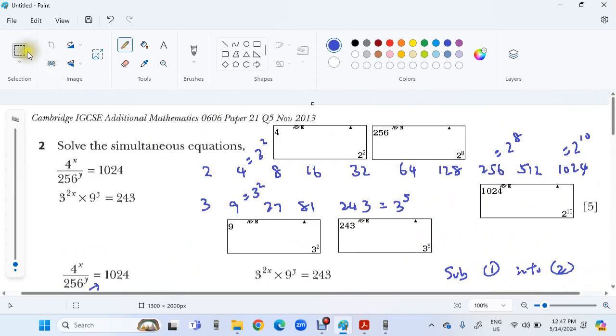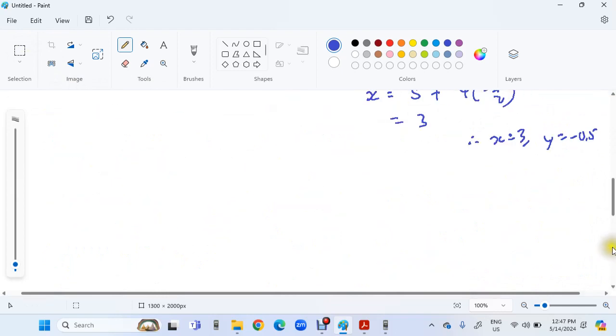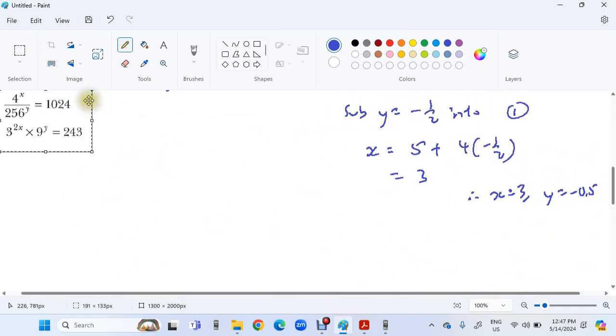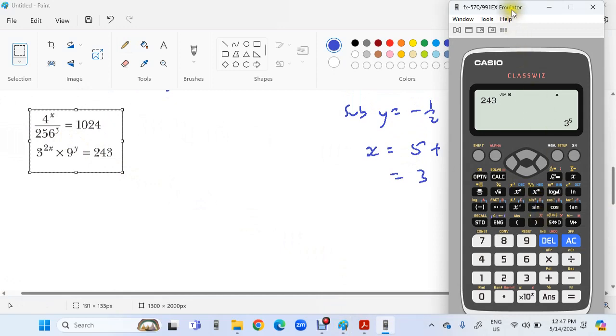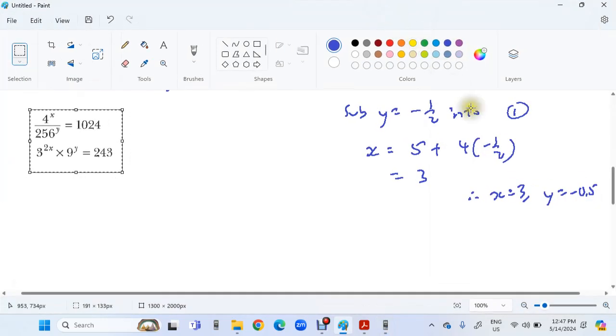So if we want to check the answer, we have 4 to the power x is 3. 256 over 256 power negative 0.5.